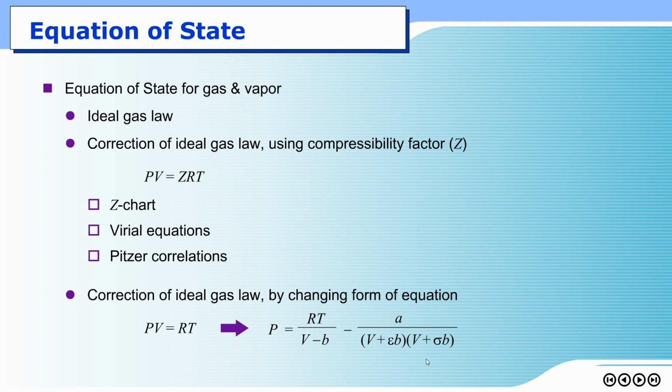There are many forms of equation that can be learned, but the most common group of equation of state is what we call the cubic equation of state. The content regarding cubic equation of state will be covered in the third part of lecture 3B.